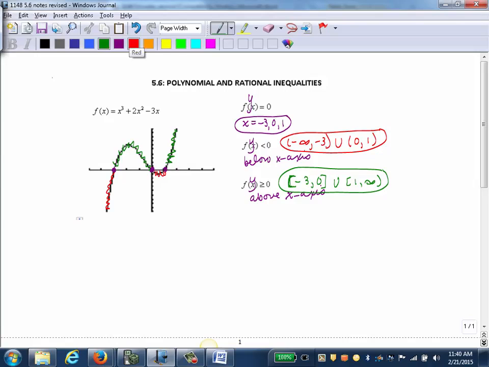Now, if I go back up to the equation, I do know how to solve this equation algebraically. So let's review. If we want to solve f of x equals 0, I'll copy my function down here, x cubed plus 2x squared minus 3x equals 0. So if I didn't have the graph, I could algebraically solve this. We could easily factor, take out the x.